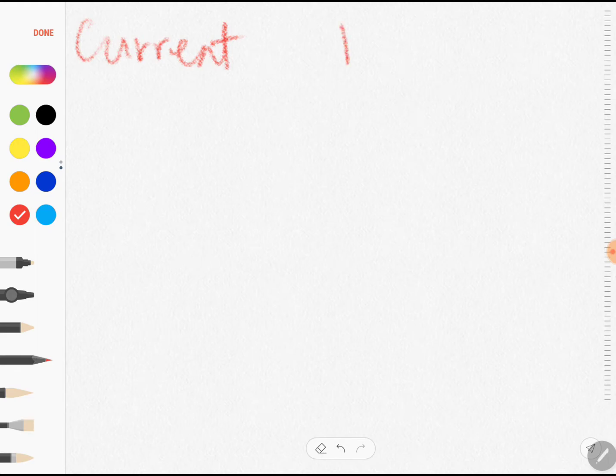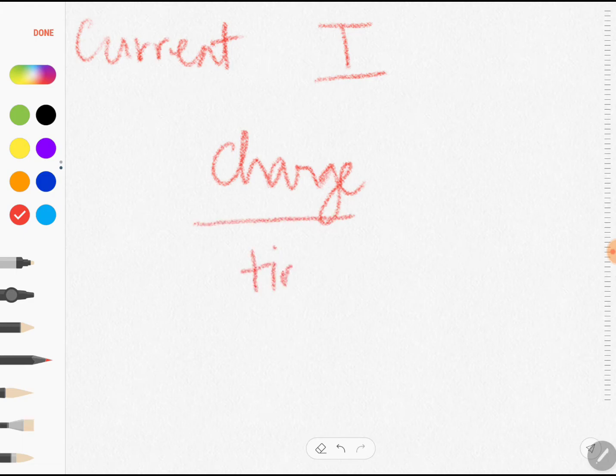Current, we represent current with capital letter I, and this current means the amount of charge flowing in a specific cross-sectional area of a wire per unit time. Okay, so let's assign the symbol for current as I. What will we use for charge?